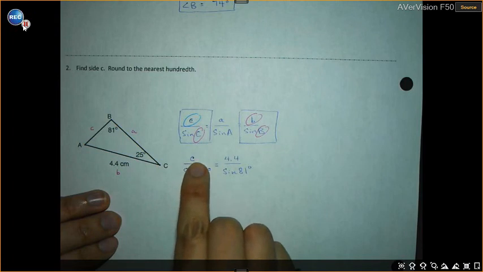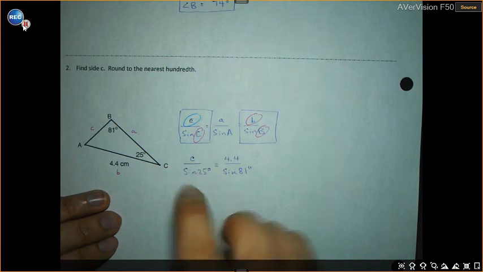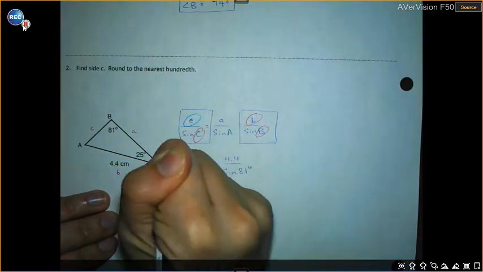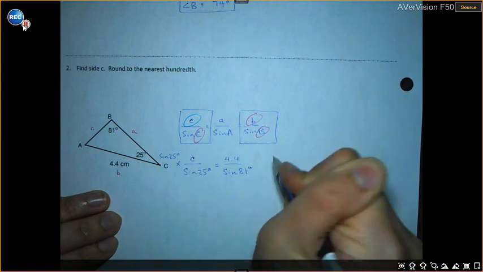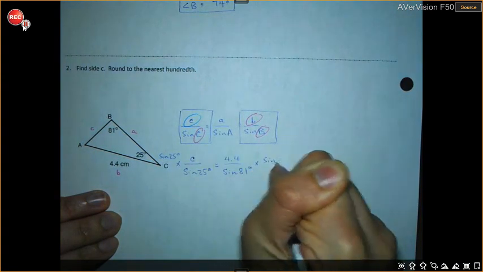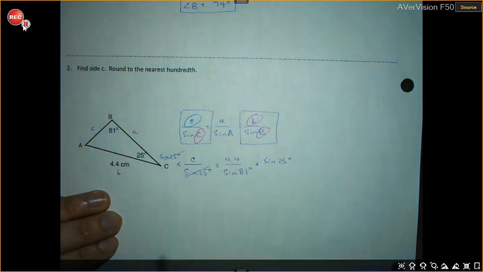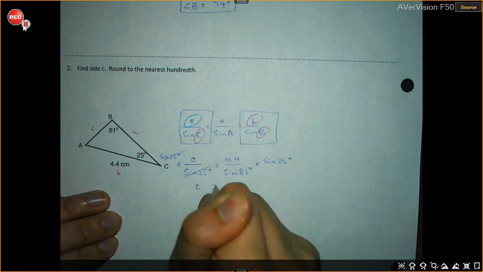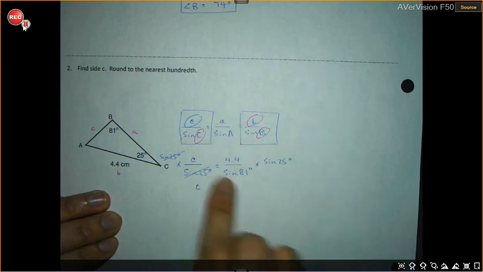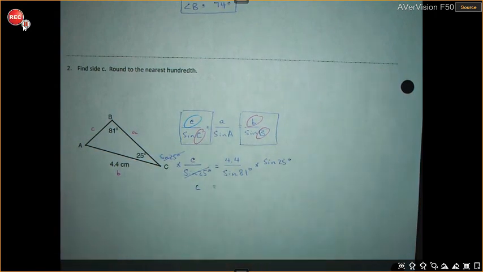Unknown's at the top, so we're going to get rid of the bottom by multiplying both sides by sine of 25 degrees. That's going to cancel out, and I'm going to get C equals 4.4 divided by sine 81 times sine of 25.